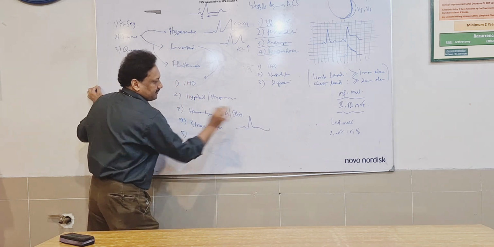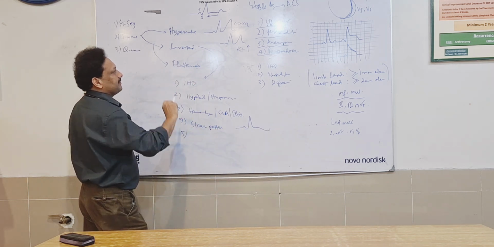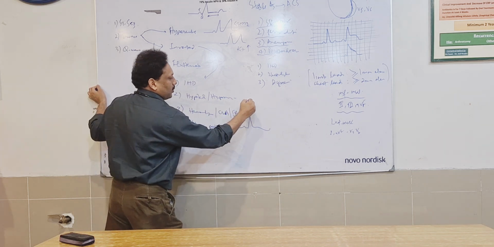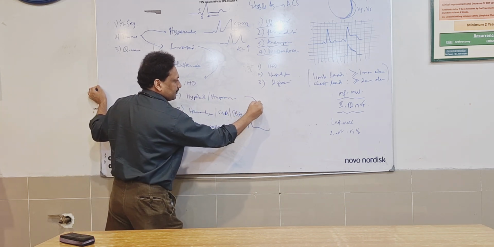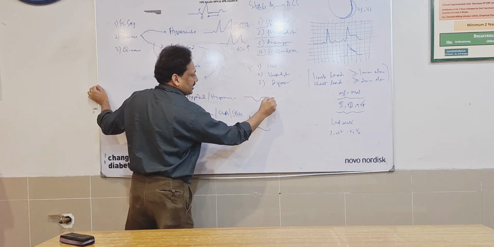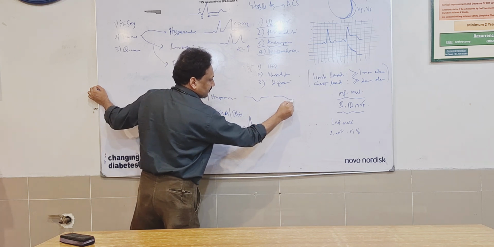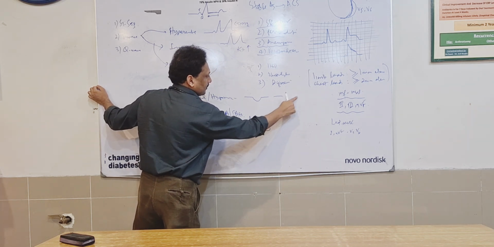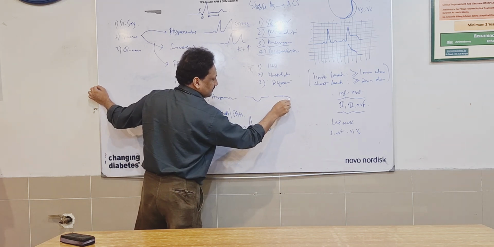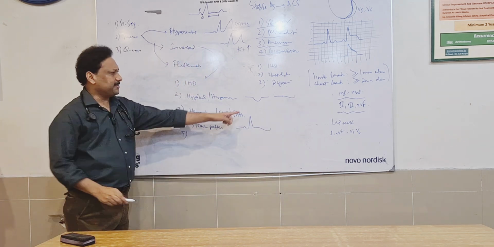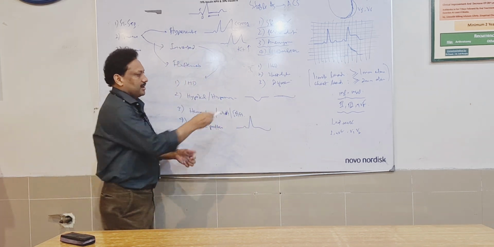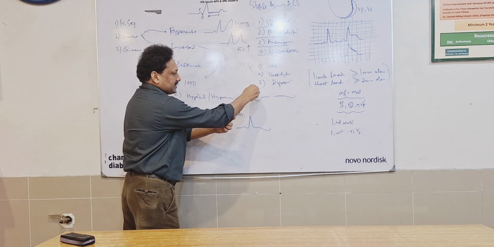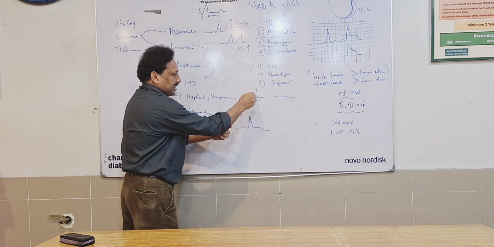Look at this T wave. I am drawing 2 T waves now. One T wave is like that. Another T wave is like this. Which one is symmetrical? The first one. If I draw a line right in the center, the 2 halves are equal.